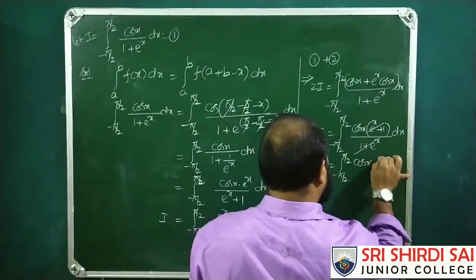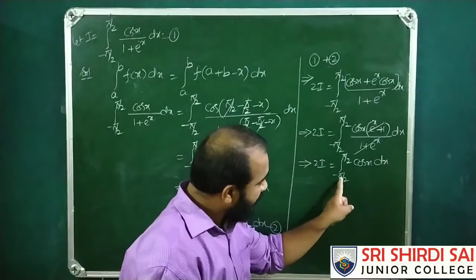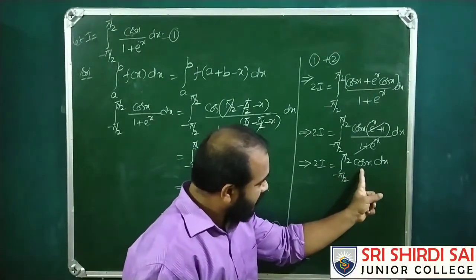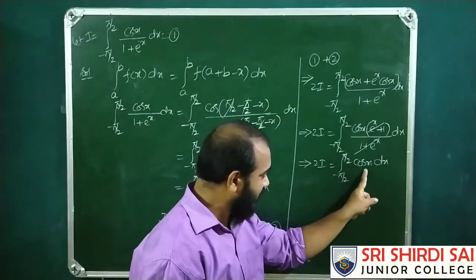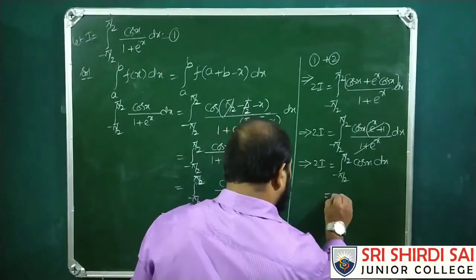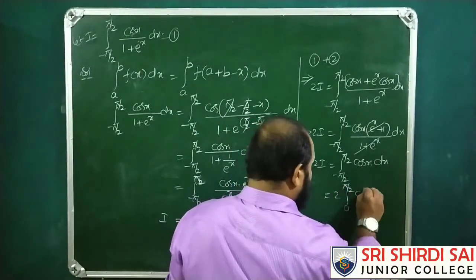cos x dx. Now listen, this is of the form integral minus a to a f of x dx. In the beginning I have written minus a to a f of x dx. It will be 2 integral 0 to pi by 2 cos x dx.